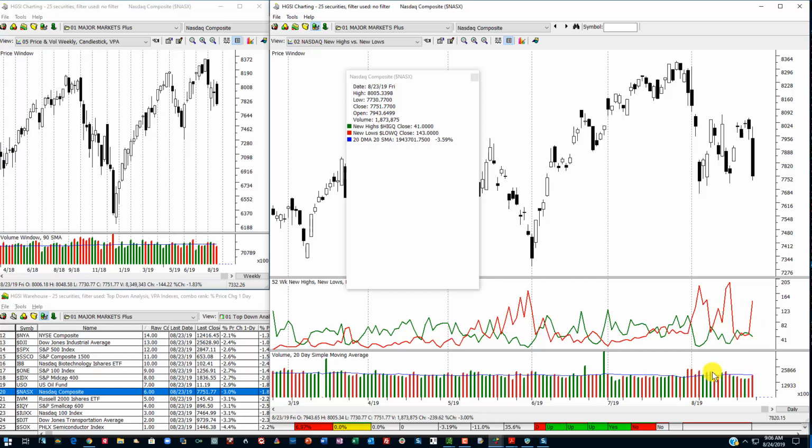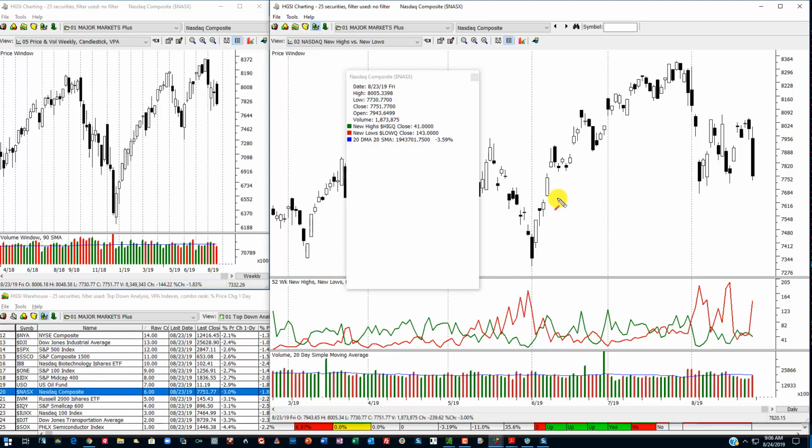Now, the weekly volume was down, but you can see that throughout the week, the volume was drifting down, turned up a little bit on Thursday, and Friday it was up. But the cumulative volume for the week was still negative. But this is an ugly candle. What we're looking at here is support.